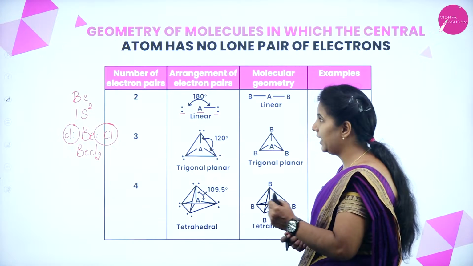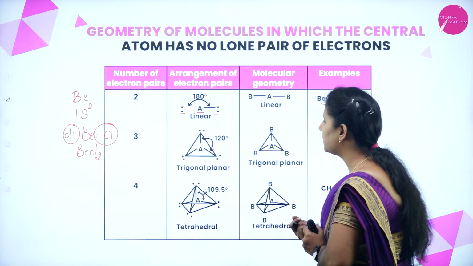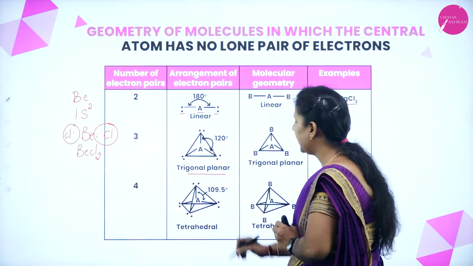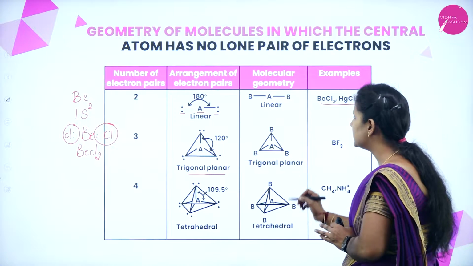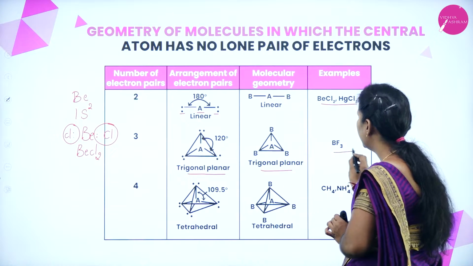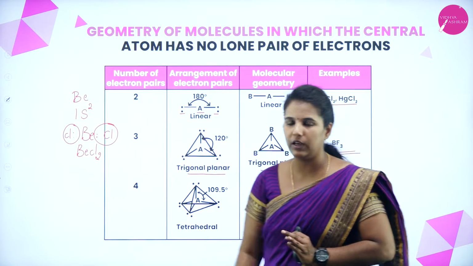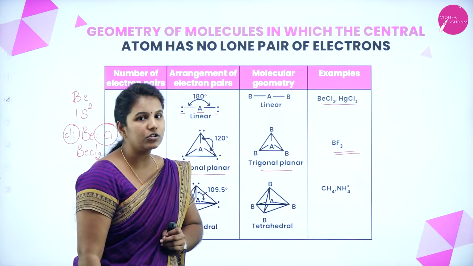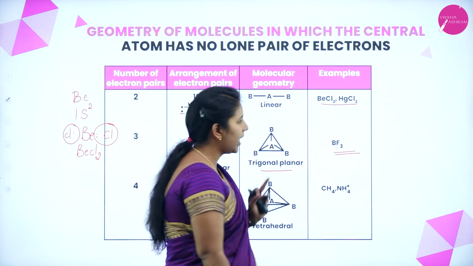Similarly, I'll go with the next one. The number of electron pairs is 3 and the geometry of the molecule will be trigonal planar. Example is BF3. What does it indicate? Boron has how many electrons? 3 electrons. Is it right? Yes.